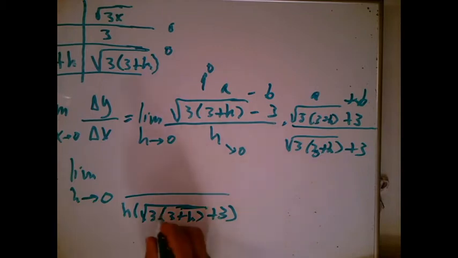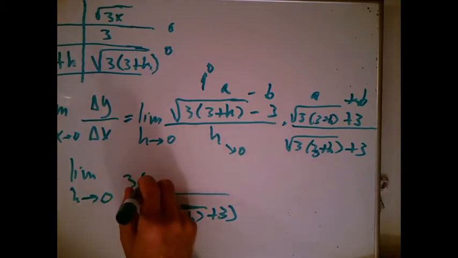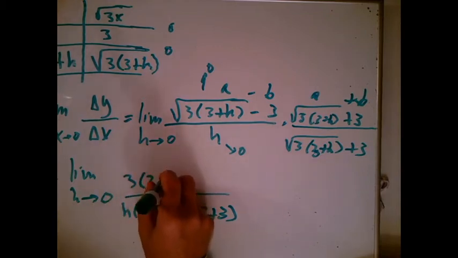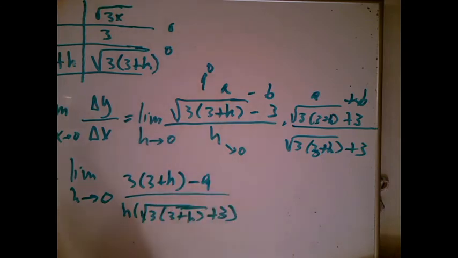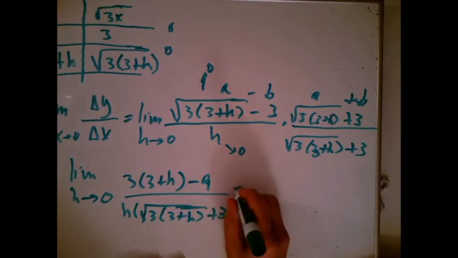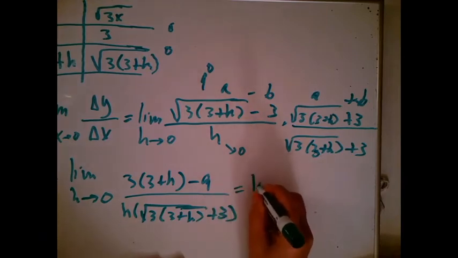I get to write a squared, which is just this, 3 times 3 plus h, minus b squared, which is minus 9, which just isn't bad yet. So what I'm going to do is simplify the top a little teeny bit. Haven't taken the limit yet, so I have to keep writing it.